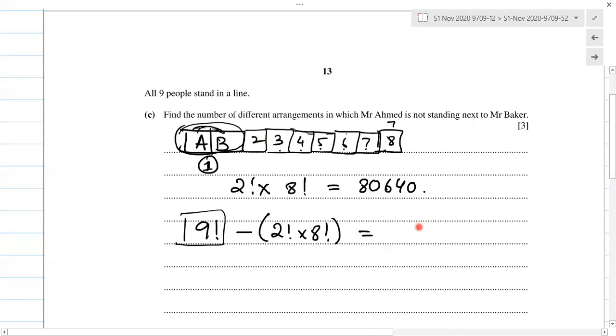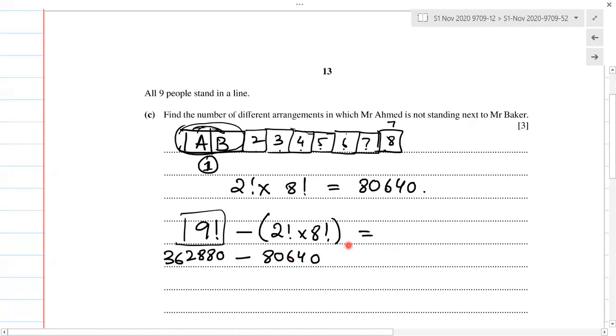So 9 factorial is 362880, minus, and we got this as 80640.